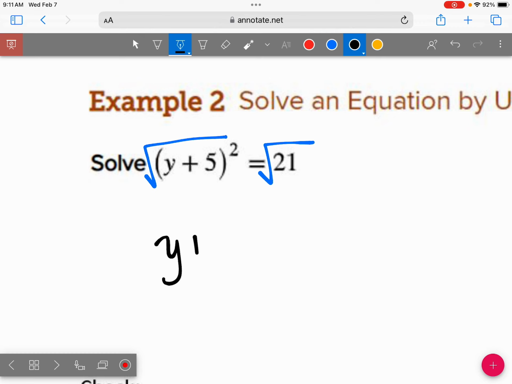And that's going to give me y plus 5 equals. Now, is 21 a perfect square? If you look at your multiplication chart, is that one of the numbers that would be on the diagonal? No. Okay. So we're going to leave it under the square root. So it would be plus or minus the square root of 21.